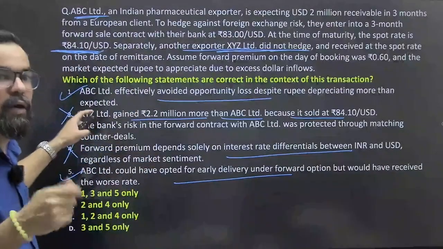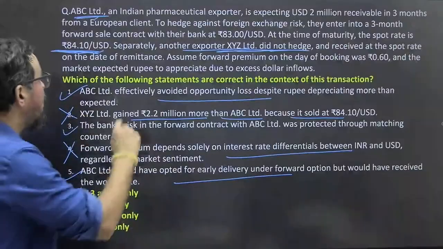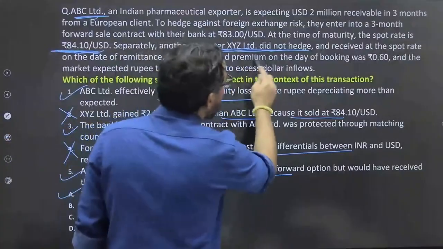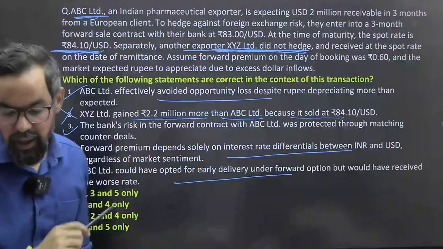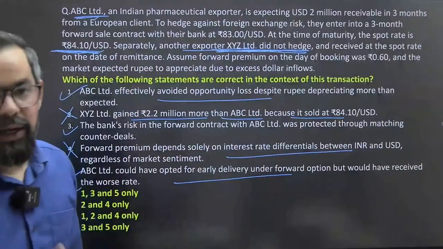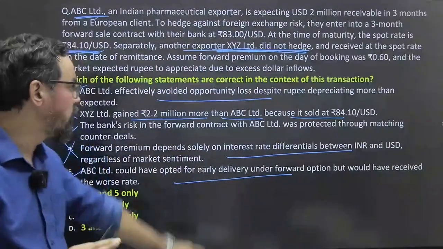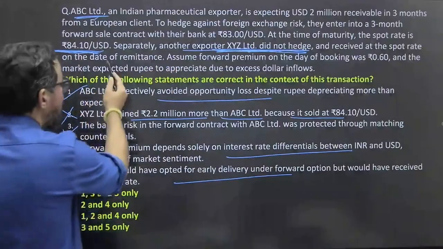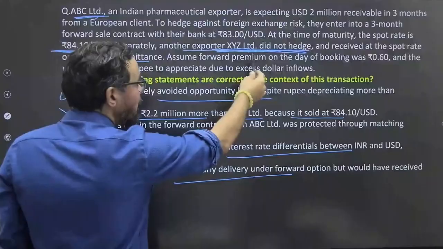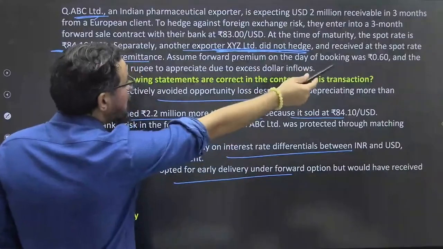basically this case study is around the hedging things, ठीक है। The other exporter XYZ did not hedge that particular position, ठीक है। They did not enter into any sort of hedging position at all, and received the spot rate, basically that means they did not hedge at that maturity, the spot is 84.